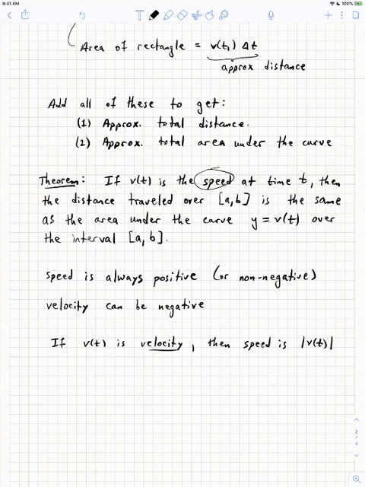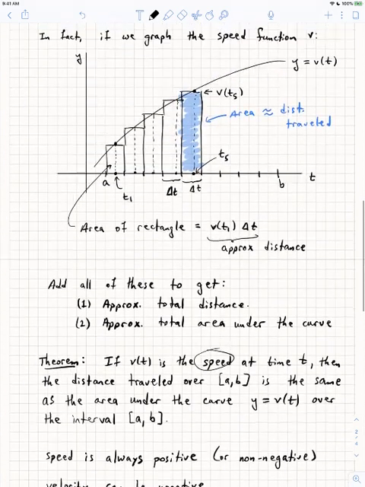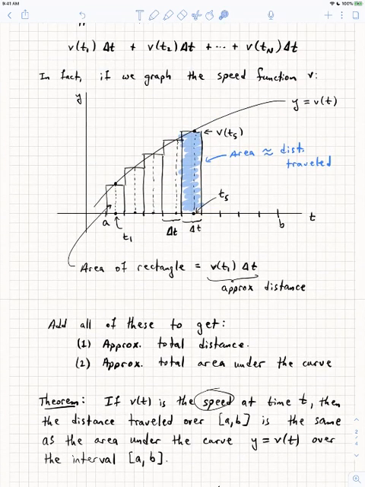If velocity is positive, then when you add up all of these areas, that's going to give you the area under the curve and also approximate distance. Now, on the other hand, if you have a velocity which could be negative, it might dip below the t-axis. And if it does that, then you're no longer computing distance, you're computing what you call displacement. And displacement is how far away you are from a fixed point.